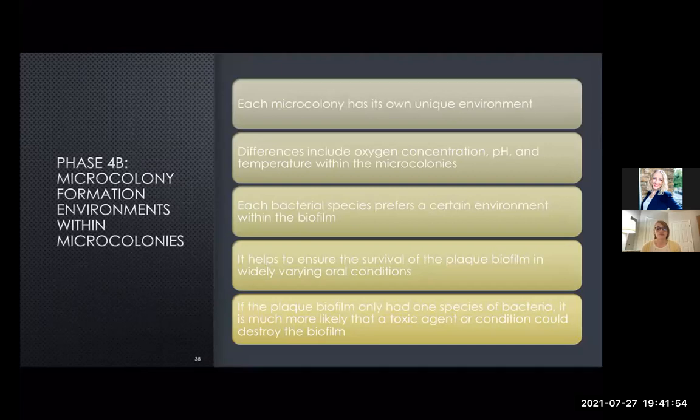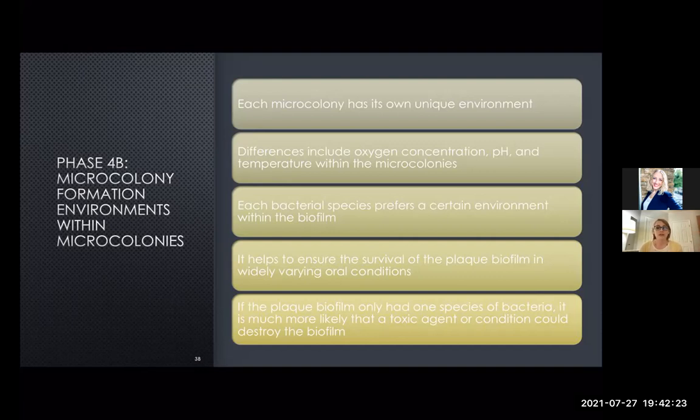Each species prefers a certain environment within the biofilm, and that's how we know the difference between bacterial species on the supra and subsurfaces. It ensures the survival of plaque biofilm. So, basically, depending on that patient, the bacteria is able to make a colony that is resistant to everything that we're throwing at it.